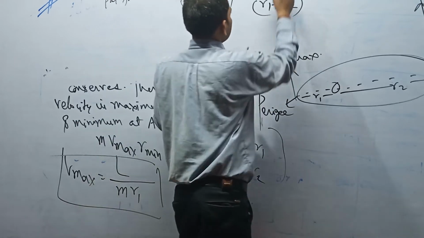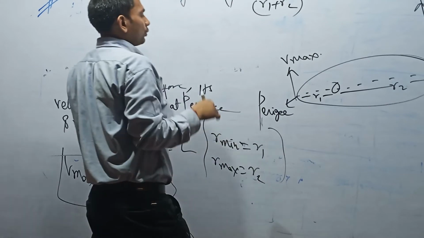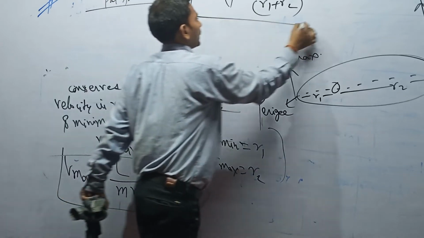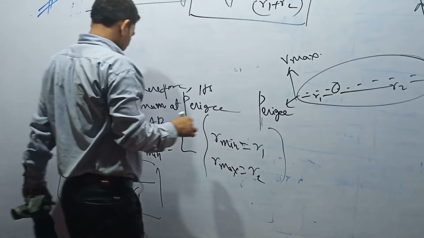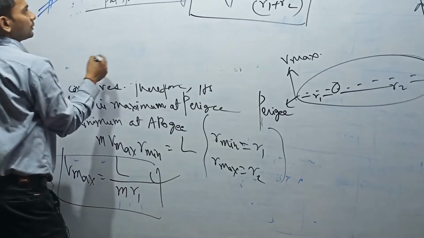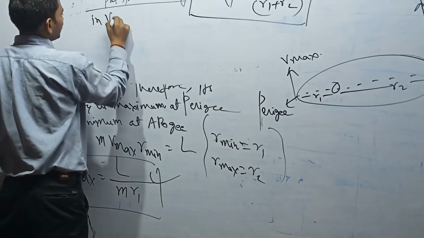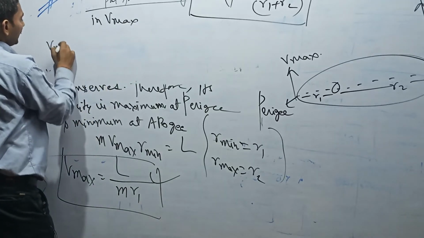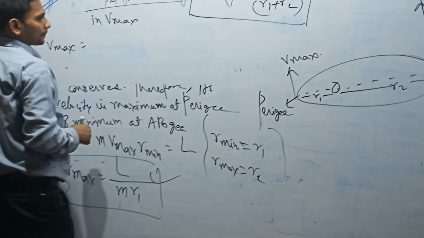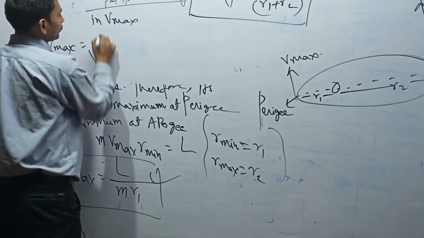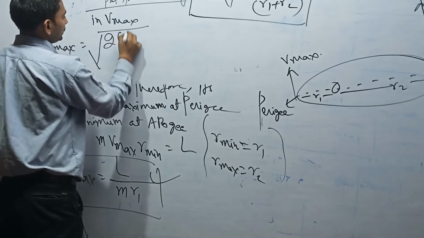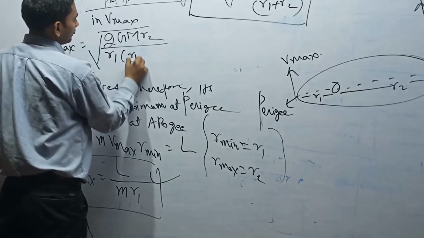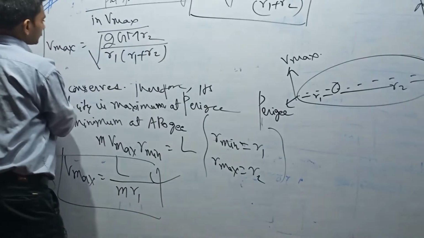Put the value of L in V maximum, then I will get the result: V maximum is equal to under root 2 G M R2 upon R1 into R1 plus R2. This is the maximum speed.